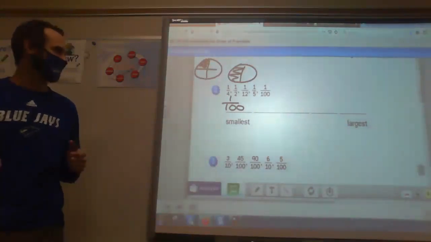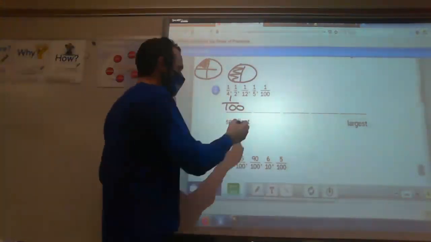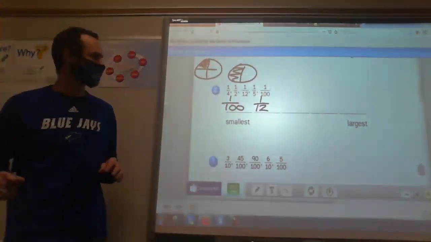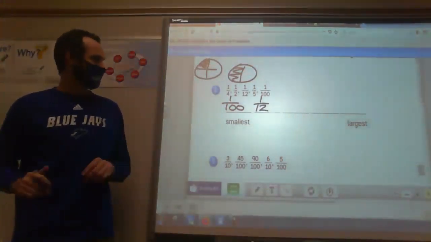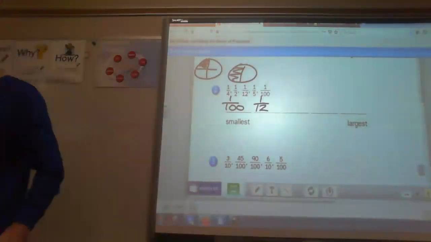Very, very small, right? So Ava, what would be the next smallest? 1/12, because now imagine that sheet cake that I had cut into 100 pieces, but this time I cut it into 12 pieces. Aren't the pieces bigger? Yes. Okay, so then what would come next, class? Actually, you finish them.